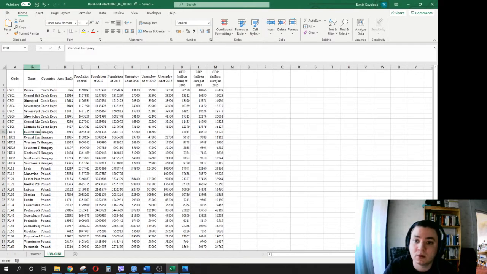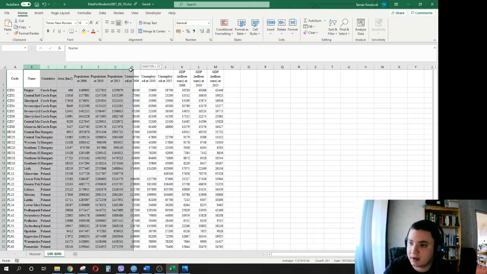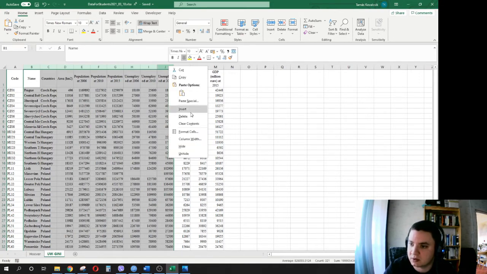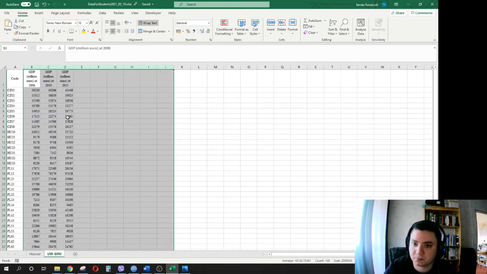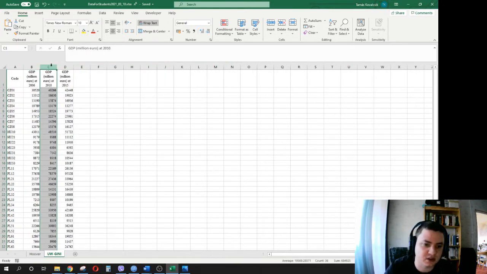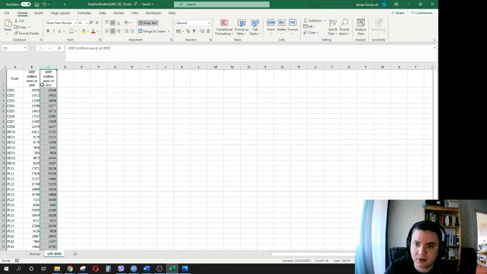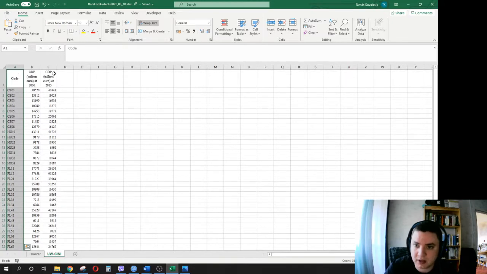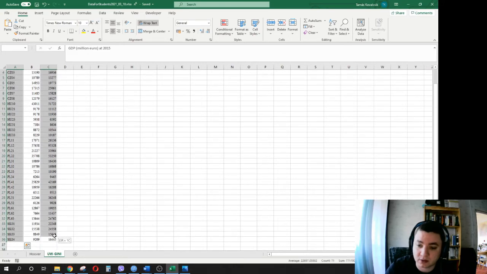For all of this calculation we have to make a matrix. Delete everything from the name to the unemployed people at 2015 and 2010, and select just the code and the GDP at 2015.